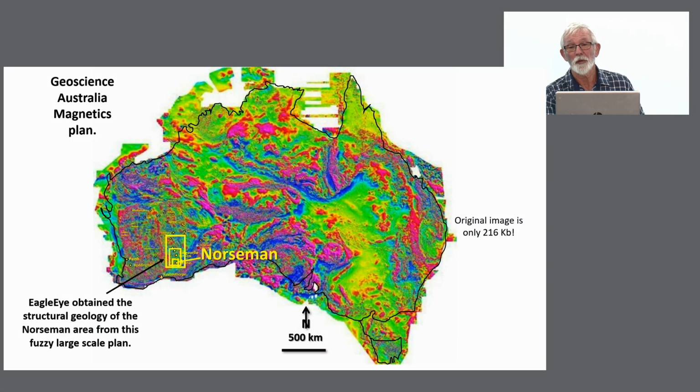I started off with the 216 kilobyte Geoscience Australia magnetics plan, and we'll be starting off with this image and going down and down until we finally get to the Mainfield Norseman images.